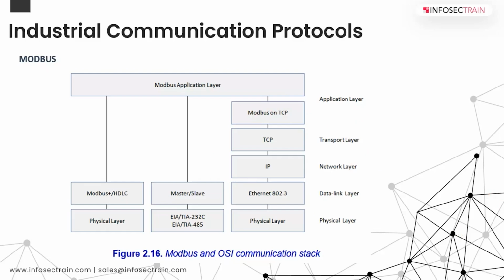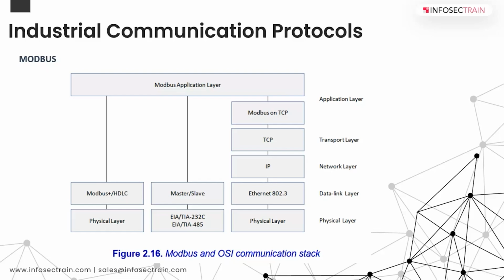So if you want to be a penetration tester, or if you want to work with embedded device testing, especially industrial control hardware, then you need to know how Modbus works. What are the different frames, what are the different layers, how the data is encapsulated and transmitted, and so on.